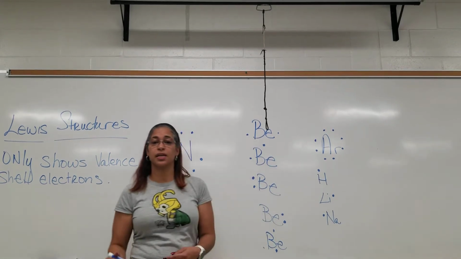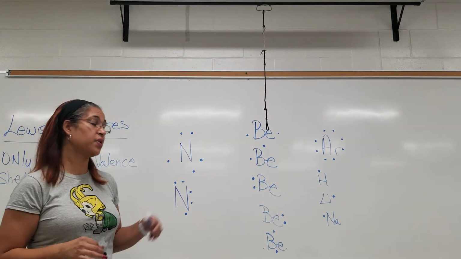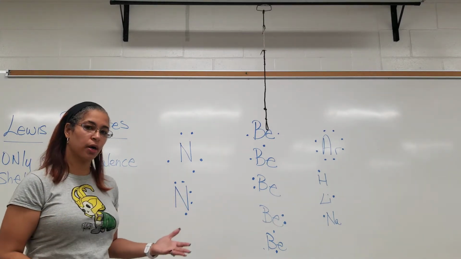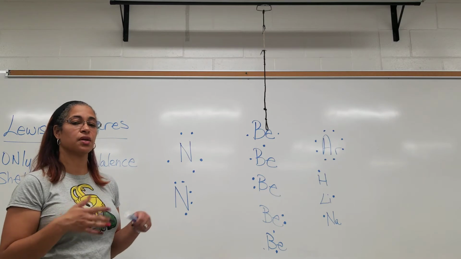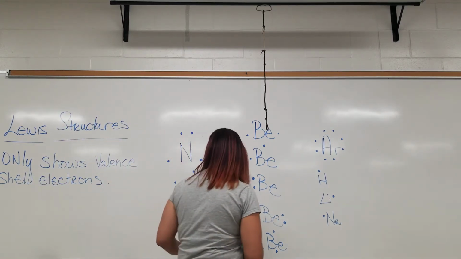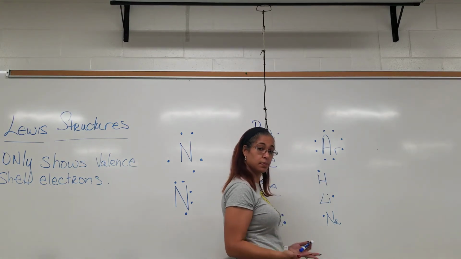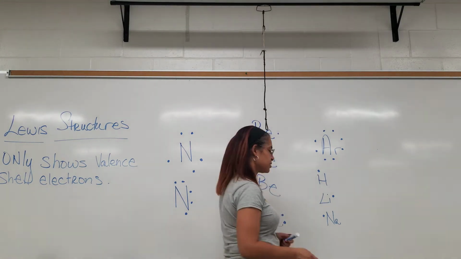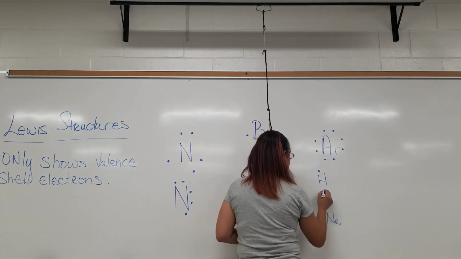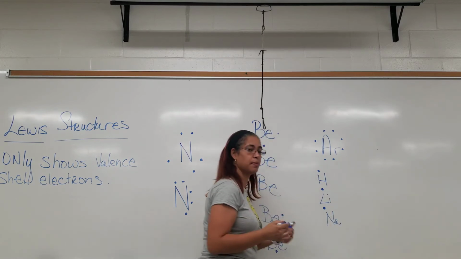If you're looking at a periodic table of Lewis structures, whatever the Lewis structures are, they're going to look the same for every element in that group. These are different ways that these could be represented, but if you're looking at the same periodic table, they will all have electron placement in the same place.